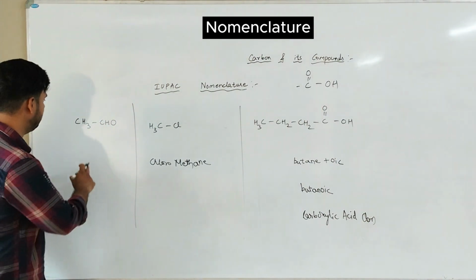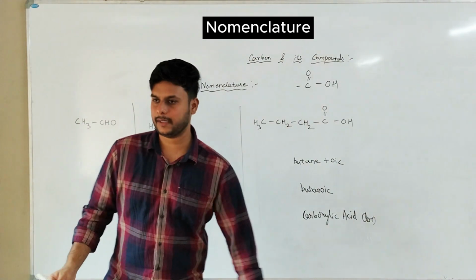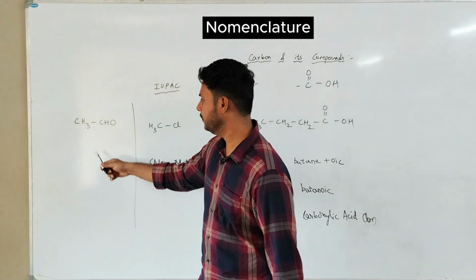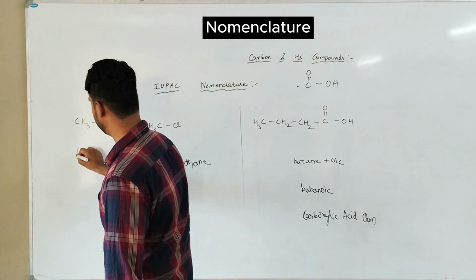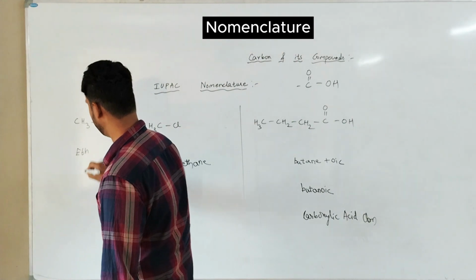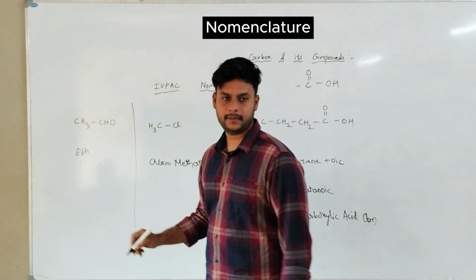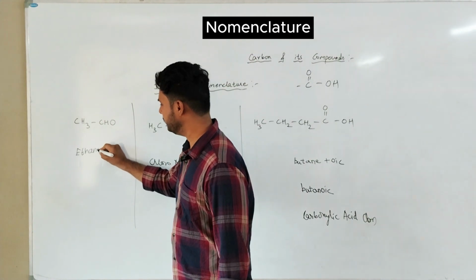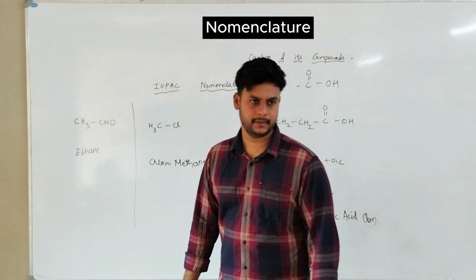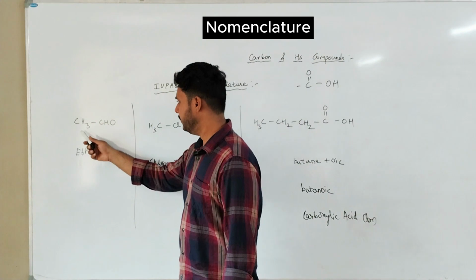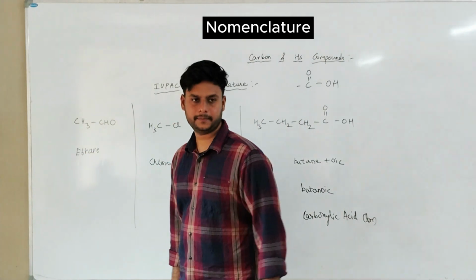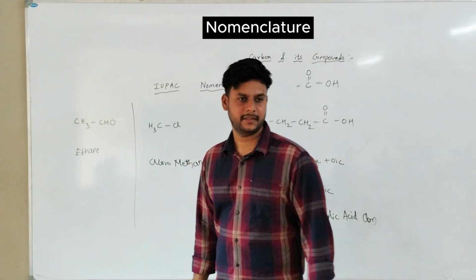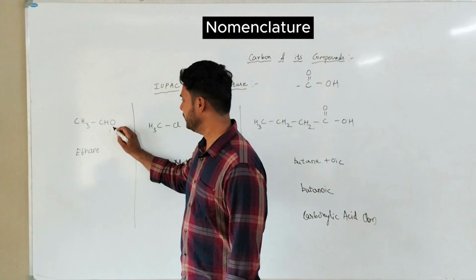Over. Next, CH3CHO. How many carbon atoms are there? 1 or 2? 2. So 2 means what? Eth. 2 means eth. Correct. Next, the bonds between carbon and carbon are single bonded, so it is ethane. Next, do I have any prefix? Absent. Do I have any suffix? OH is not visible.